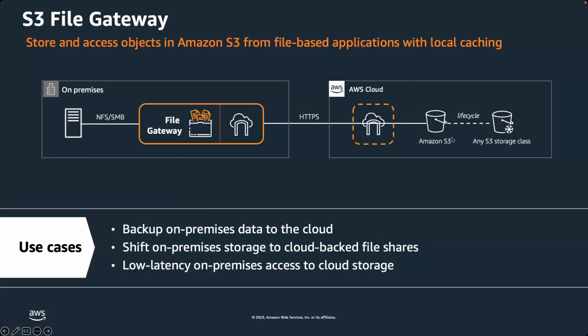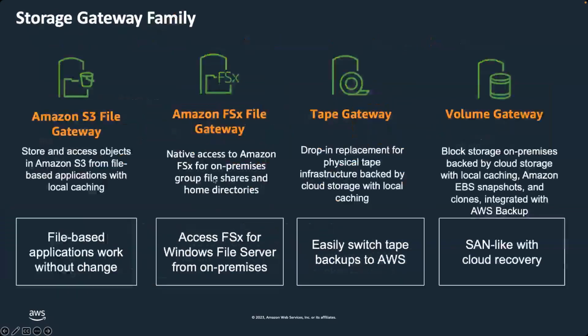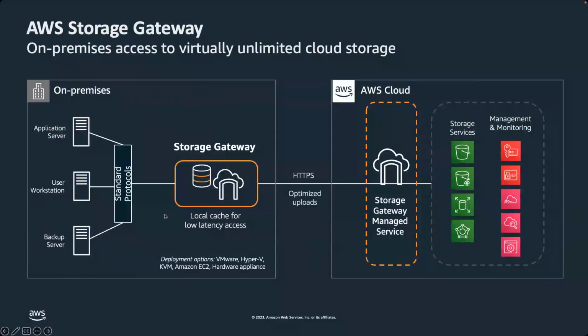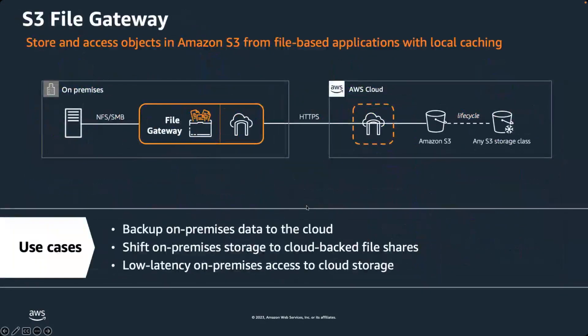And then you connect it to these services, and these are the use cases. For example, backup on-premises data that you have here to the cloud, shift on-premise storage to cloud-backed file shares, or low latency on-premise access to cloud storage, which is going back to what we have here represented like a local cache, which can be used.